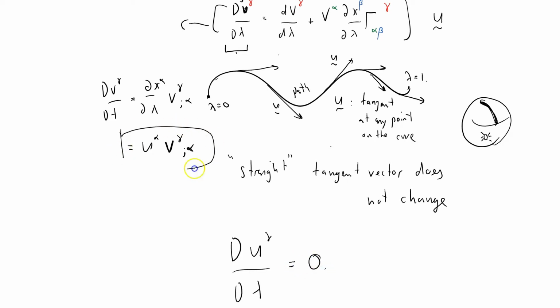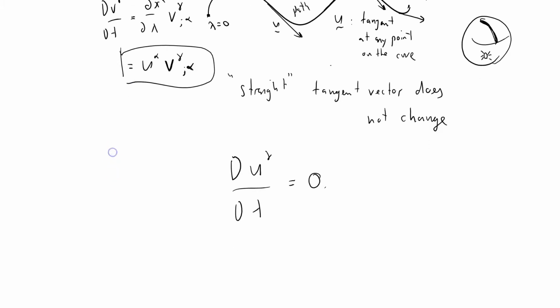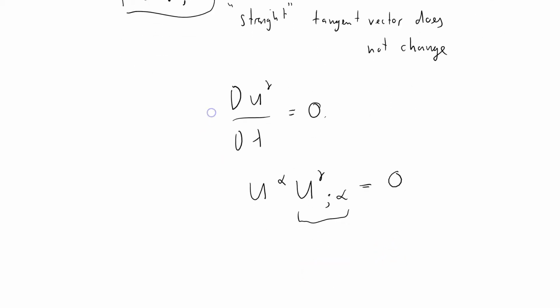So let me use this formula here and expand that a little bit. So what that means is that u alpha, you see it's a v here, but I'm substituting v equals u. What have I got? Gamma total derivative alpha, sorry, that's covariant derivative, equals 0. Covariant derivative.